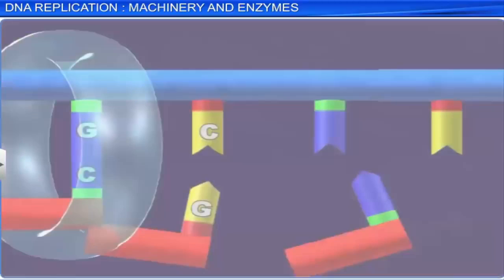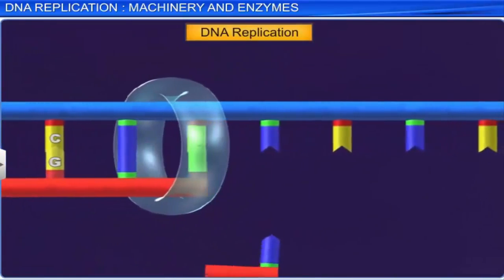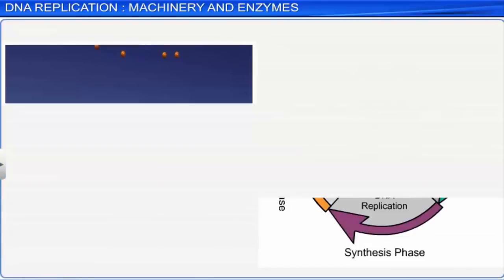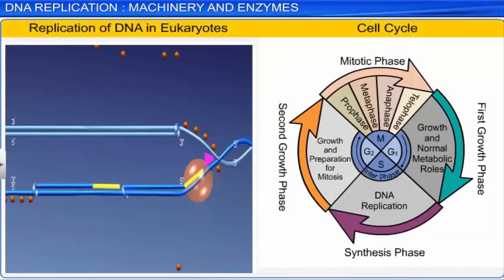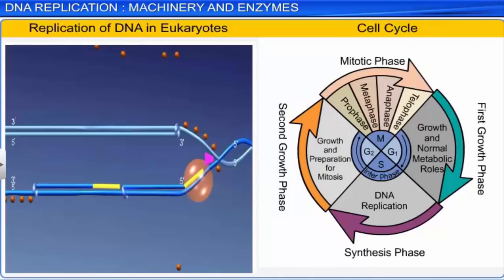However, scientists are still to understand all the aspects of DNA replication. Although it is a known fact that replication of DNA in eukaryotes takes place in the synthesis phase of the cell cycle. The cell cycle too needs to be coordinated with the replication process, or a chromosome anomaly may occur.